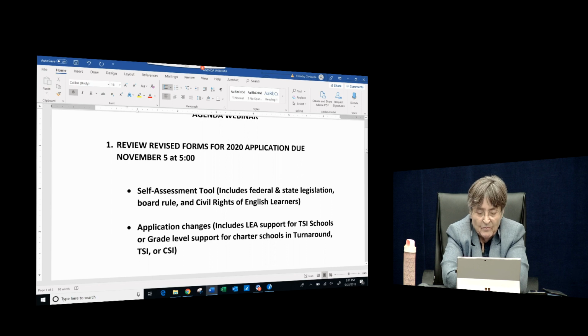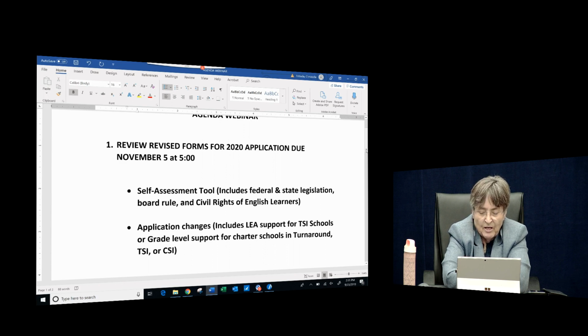Now, I made some tweaks based on last year, and I also made some tweaks with the self-assessment tool. It's all Adobe PDF fillable with lots of space. So using evidence to respond to each of the requirements is important, because then you'll actually have that evidence as kind of an electronic portfolio.